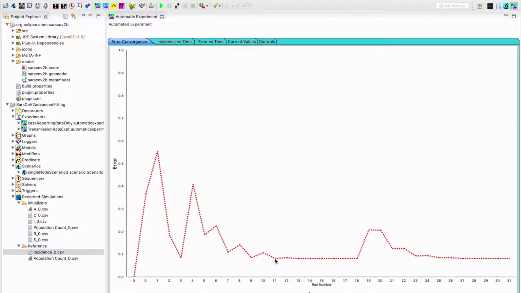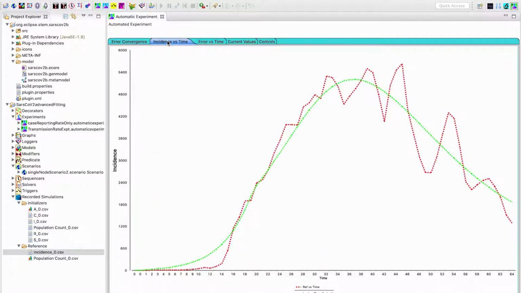So the simplex algorithm in this case is reducing the error in the case reporting rate best estimate, but also continuing to explore slightly and perturb the value such that we start to converge on a best possible estimate given the data in the model.